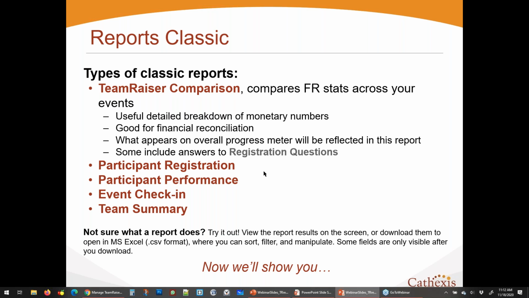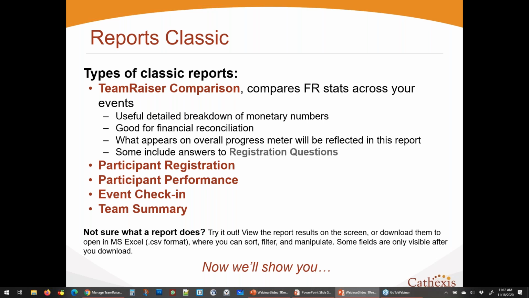So that's the TeamRaiser comparison report. And then there's some other ones: participant registration, participant performance. The event check-in report is great if you're doing an in-person event, which I know we're not really doing much of in 2020 or 21, but that report is designed well for day of when people are walking up to your table. And there's a team summary report.